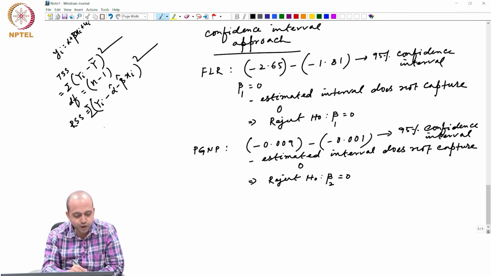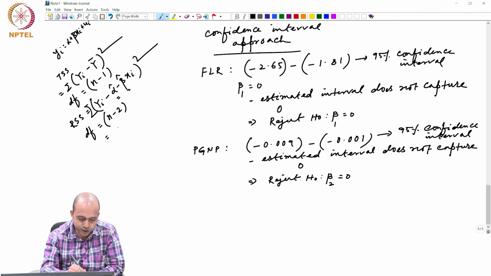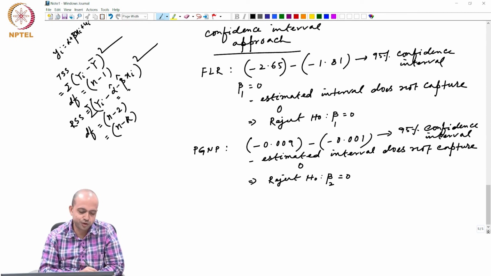So, I would like to remind you, before we estimate RSS, we must estimate alpha hat and beta hat. So, we are putting two restrictions here in terms of alpha hat and beta hat. That is why the degrees of freedom for RSS would be n minus 2. Or in general, we can say that this is n minus k, where k is the total number of parameters to be estimated from the model.